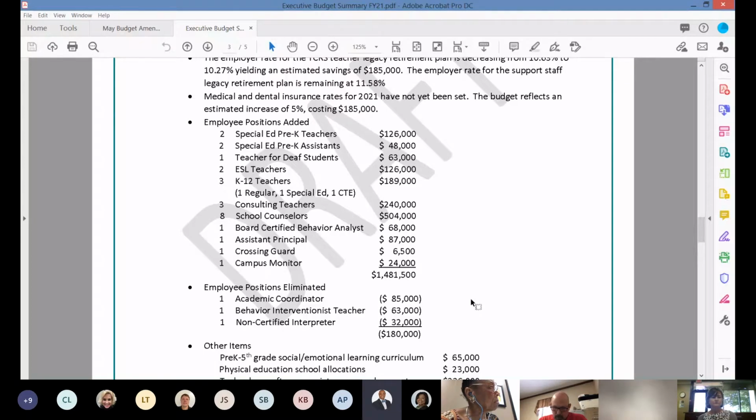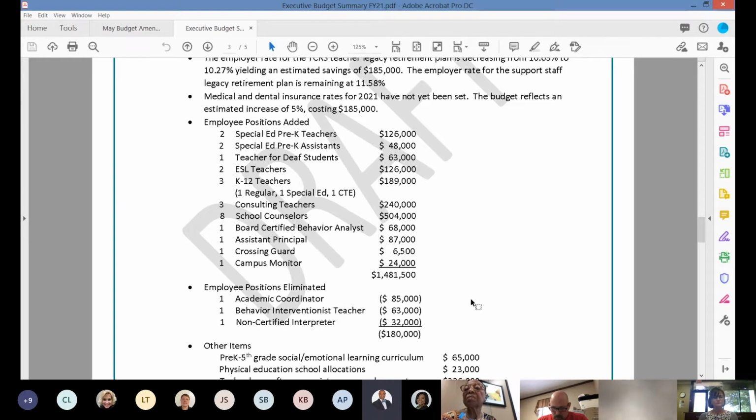So the positions that have been added within the budget support things that we have to do. So we had a decline in ADM, but we have a need to add these specific types of teachers because of the ratios. As we continue to see our population shift and the needs of our population shift, we still have to do what we have to do to service them.